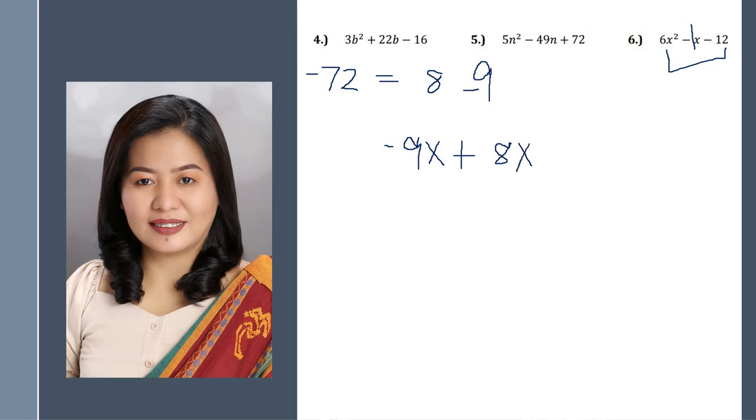And we have 6x squared and minus 12 and factoring 3x.